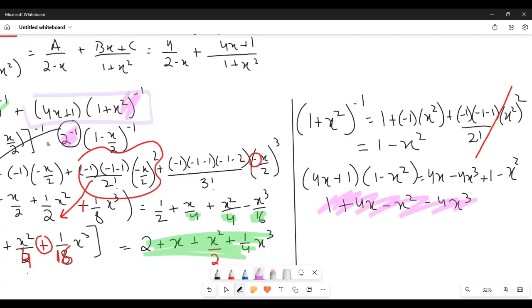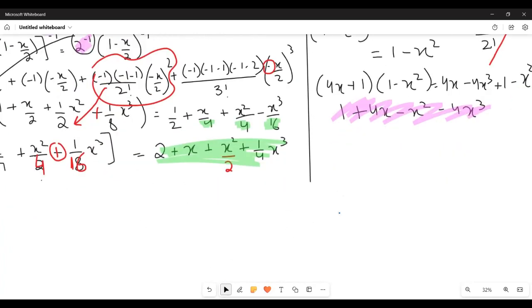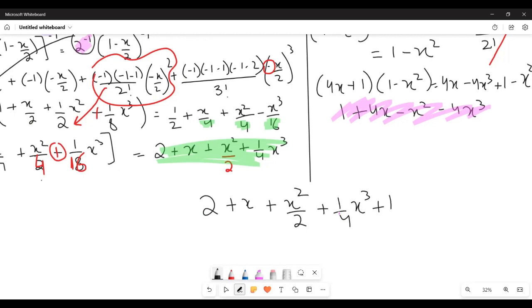Now we have to add both of them. So we have 2 plus x square upon 2 plus 1 by 4x cubed plus 1 plus 4x minus x square minus 4x cubed. Okay, so 2 and 1 get added, we get 3, and then x and 4x get added, so we have 5x.